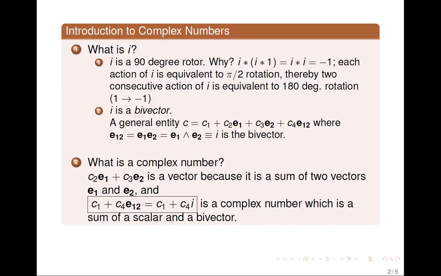So in that case, what is a complex number? Well, if you look at C carefully here, you see that the second and the third terms on the right-hand side of this expression constitute a vector.